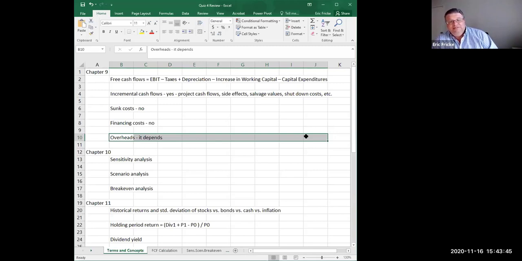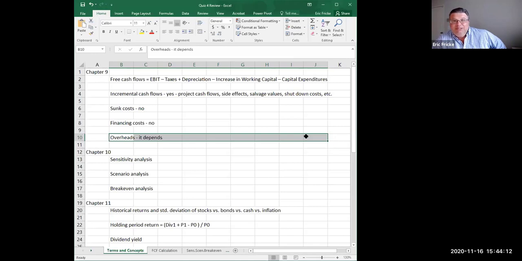But if you ever find yourself in a situation where maybe it's a brand new business and you're doing an investment analysis, you can make an argument that certain overheads shouldn't be applied to that brand new investment because maybe those new projects don't use that overhead. But applying overheads is the first default option that most companies do.